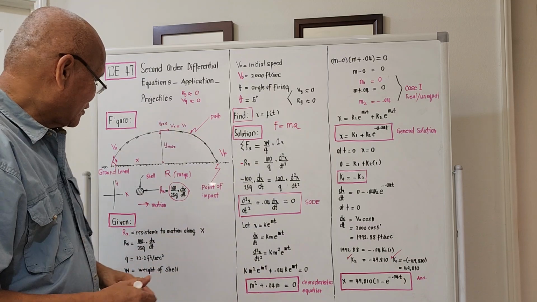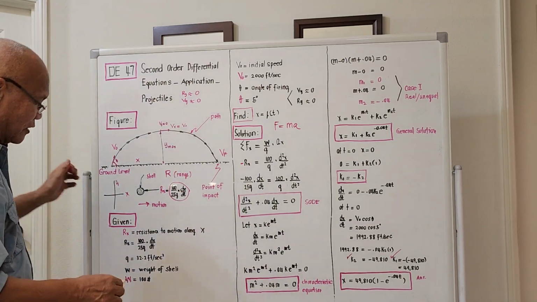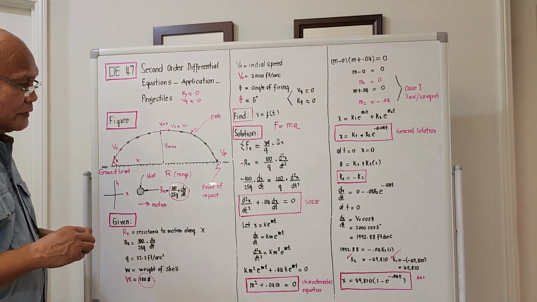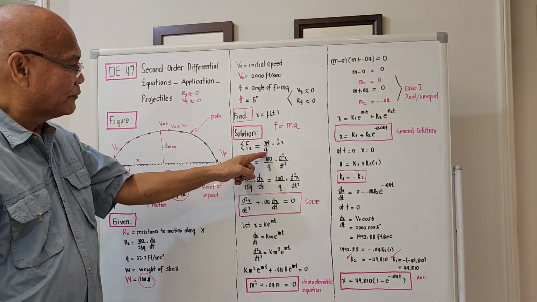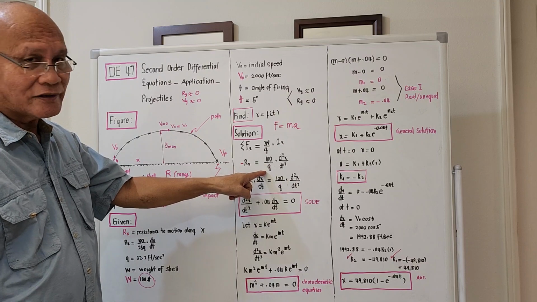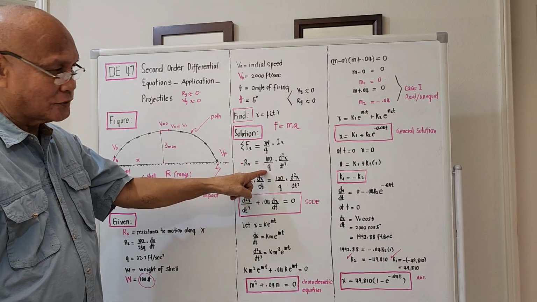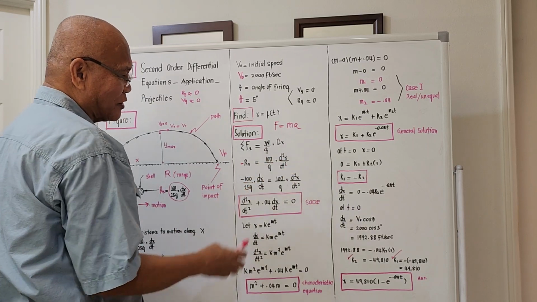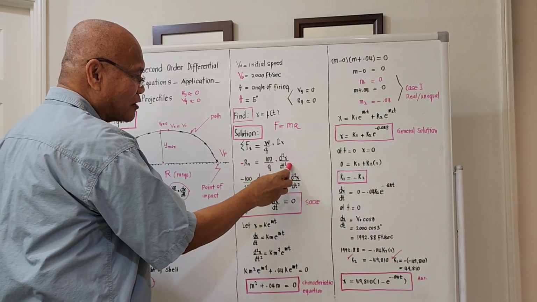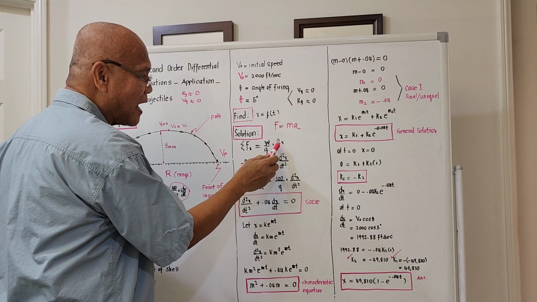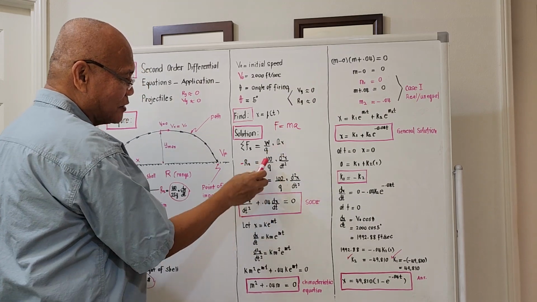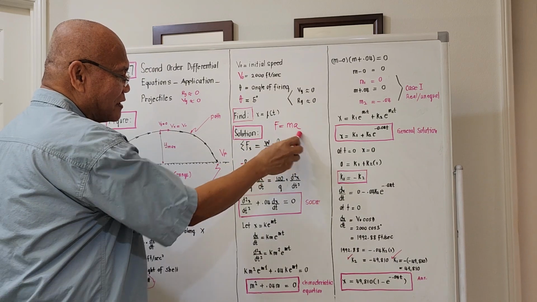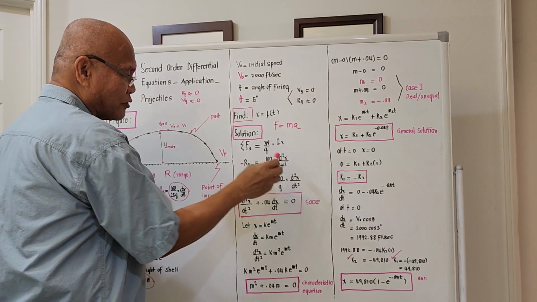The given weight of the shell, I forgot that one, is 100 pounds. Okay, so this is 100 over G. Under the English system, G is 32.2, times d square x over dt square, because the second derivative of x with respect to time along x is acceleration along x. So 100 over g is actually m, and the acceleration is d square x over dt square.